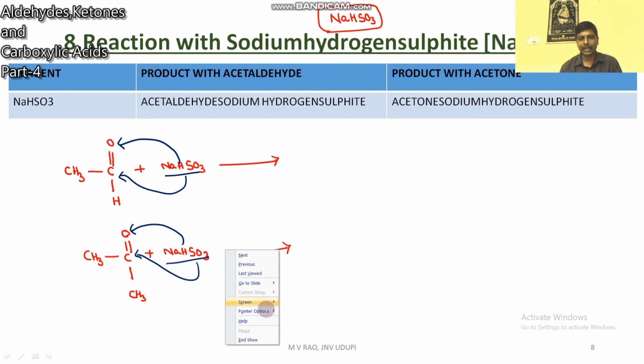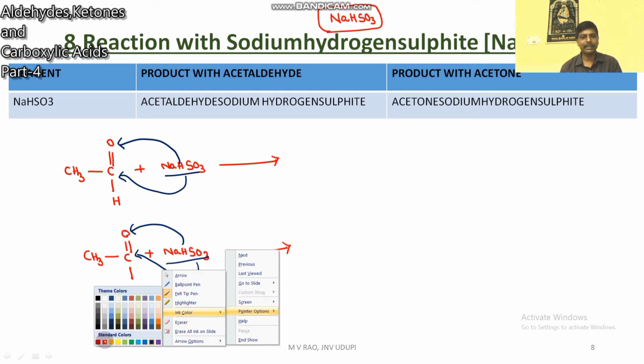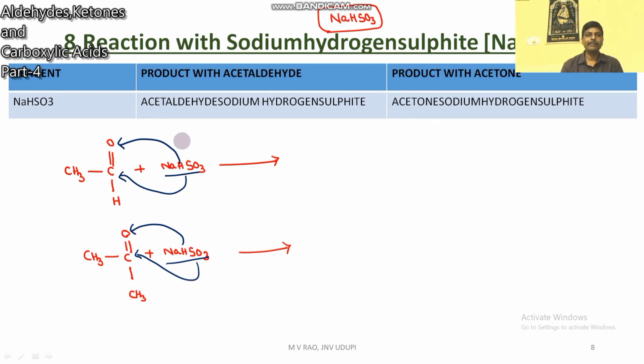Now what is the product? How to write the product? What is the name of the product? CH3 same, C, H is same, this is O, the double bond is gone. Because this is minus and this is plus, for this minus, H plus joins as OH. The remaining part is SO3Na, SO3 minus Na plus.